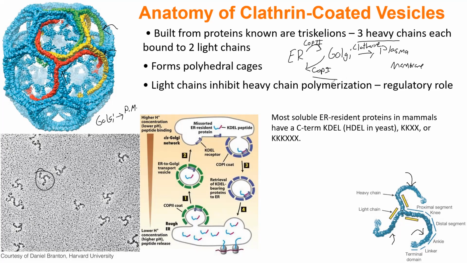So hopefully the question that you are thinking, or at least the obvious question to me when I hear a phrase like that, is how does the Golgi know which proteins are supposed to be in the ER and which proteins are supposed to be in the Golgi? Or another way to phrase that is, how is the cell smart enough to determine which proteins have to live in the ER?